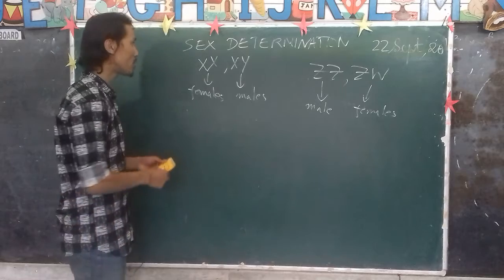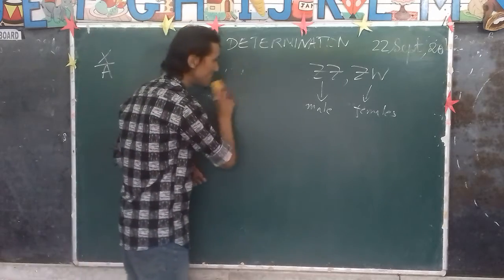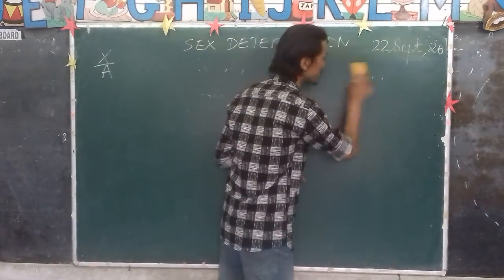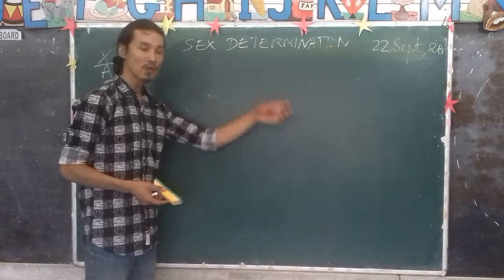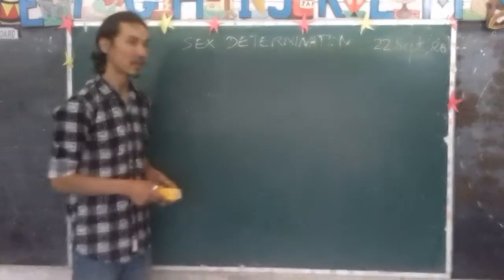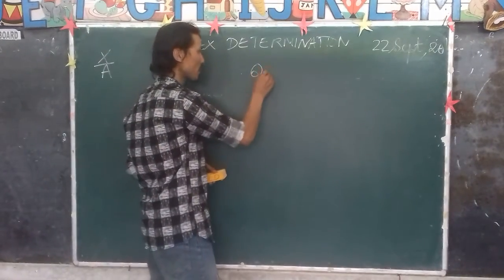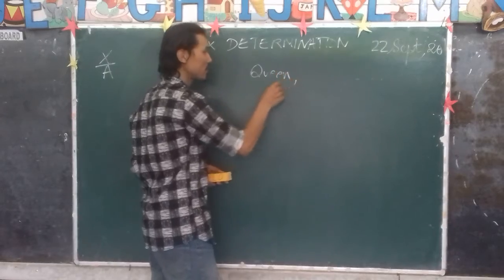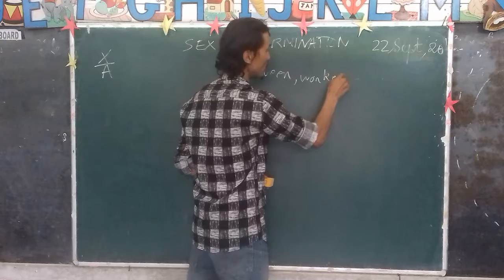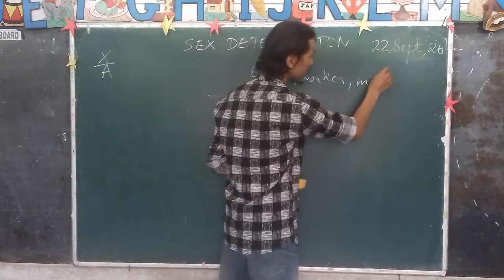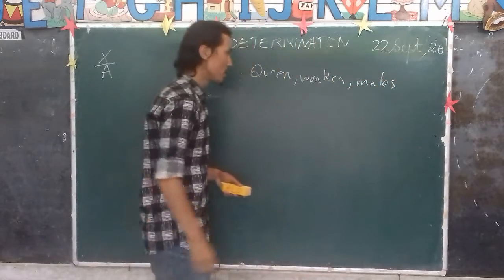Similarly, if we talk about sex determination in bees, it is not because of the sex chromosomes, but rather whether they have a complete set of autosomes or half set. To understand this, in bees there are three types: the queen bee, the worker bee, and the males.